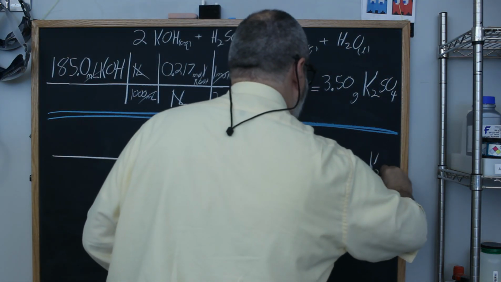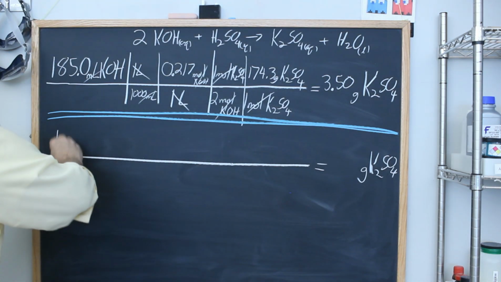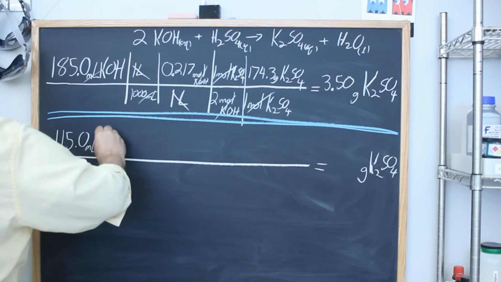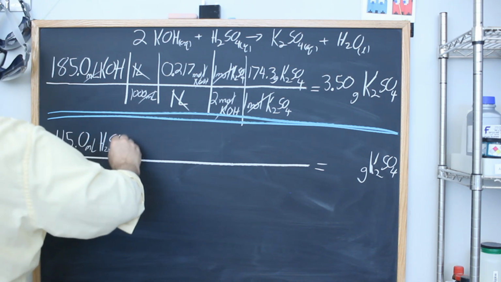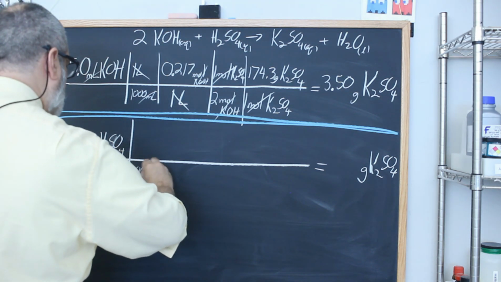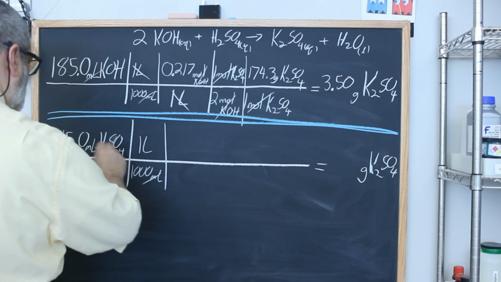Grams of potassium sulfate. But now we start with 115 milliliters of H2SO4. We need to do a milliliter to liter conversion. Okay?